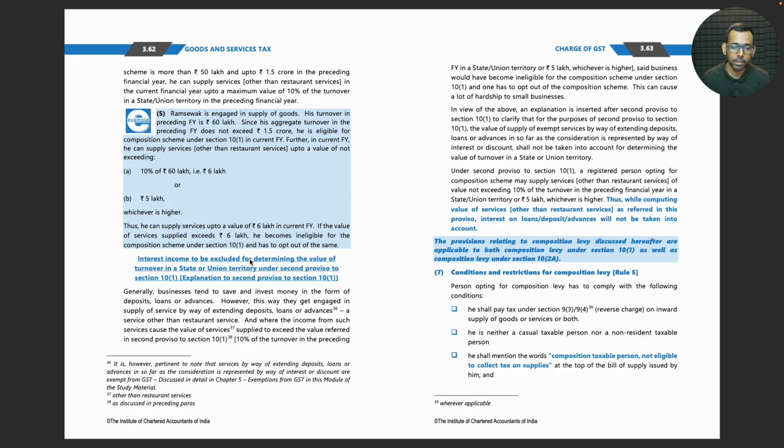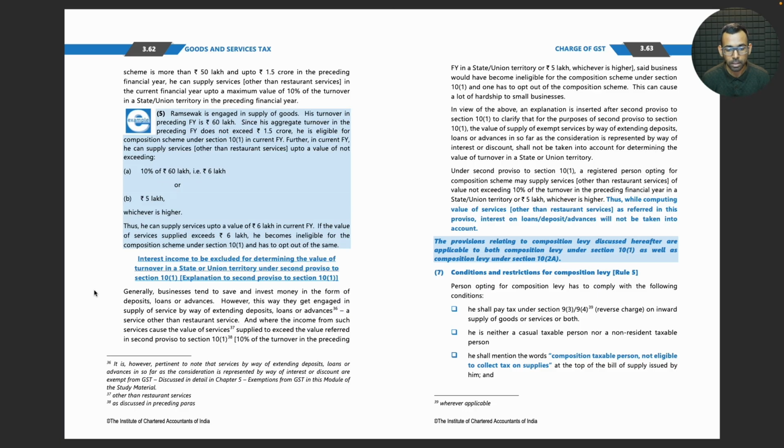Interest income to be excluded for determining the value of turnover in a state or union territory under second proviso to section 10 subsection 1. Explanation to second proviso to section 10 subsection 1. Generally, businesses tend to save and invest money in the form of deposits, loans or advances. However, this way they get engaged in supply of service by way of extending deposits, loans or advances, a service other than restaurant service.